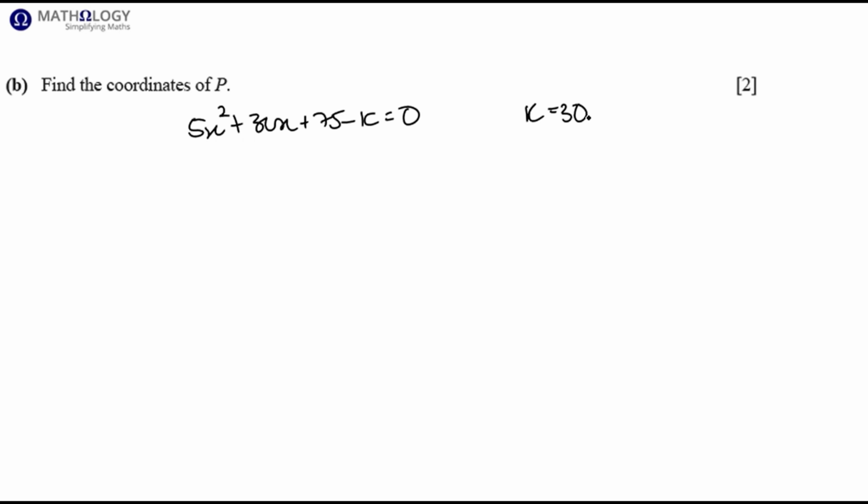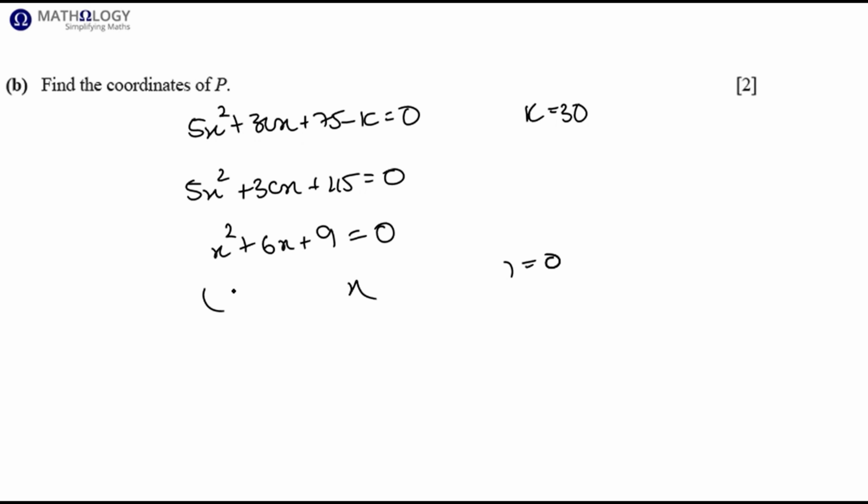Since we've established that k is 30, 5x squared plus 30x plus 75 minus 30, which is 45, equals 0. Dividing through by 5 gives us x squared plus 6x plus 9 equals 0. That factorizes as (x plus 3) times (x plus 3). So x equals minus 3.